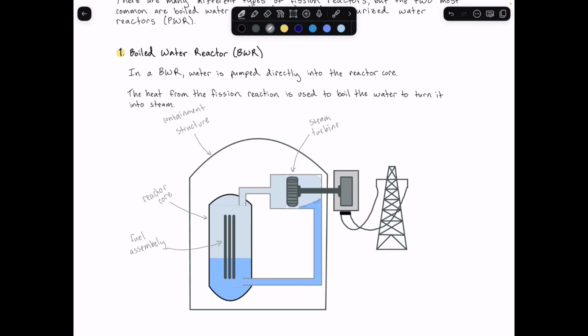That steam turbine then is connected to a generator, which converts the kinetic rotational energy of that steam turbine into electricity, which is then transported by power lines to the electric grid, which then distributes electricity to all of us consumers.